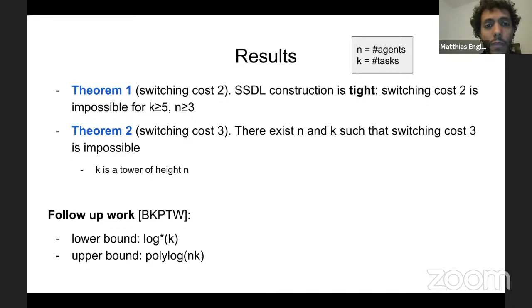So, and the other restrictions were also necessary, or if you change any of them, then? Yeah, for example, for communication, if agents could communicate with each other, then whenever a unit of demand moves, they could just run a communication agreement protocol to decide which agent is going to move.